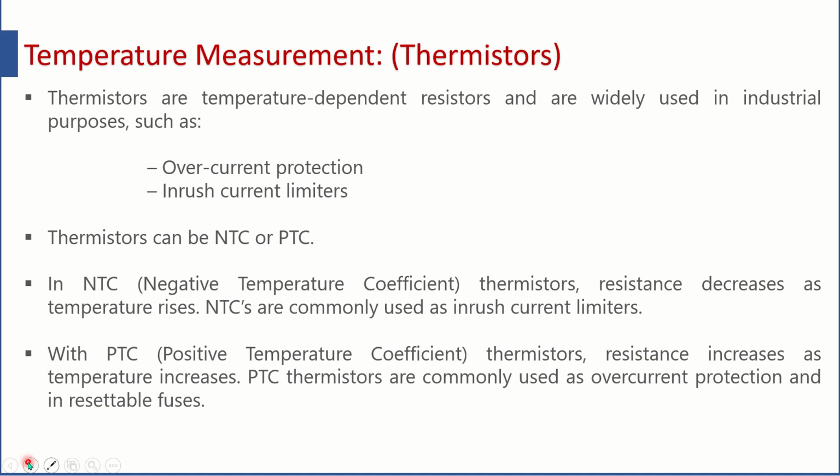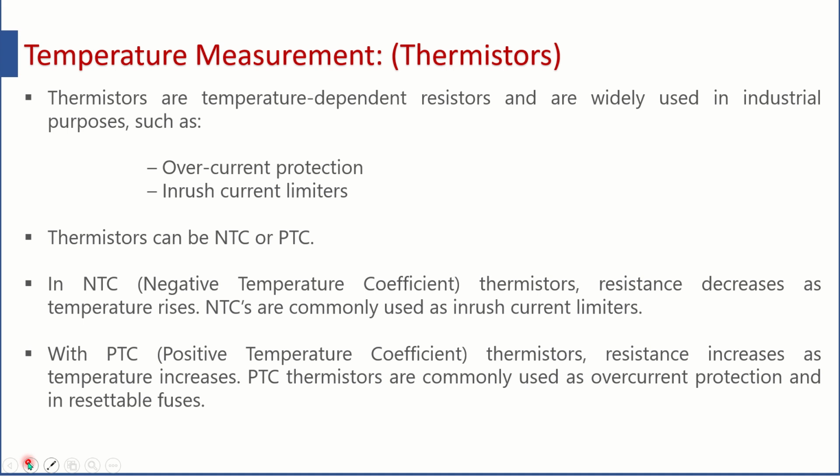Now let us talk of thermistors. Thermistors are rather temperature dependent resistors, and they are used in industrial purposes where we need to have overcurrent protection, or we need to protect our device from inrush current. So they are used extensively as inrush current limiters also. Thermistors can be of NTC or PTC type.